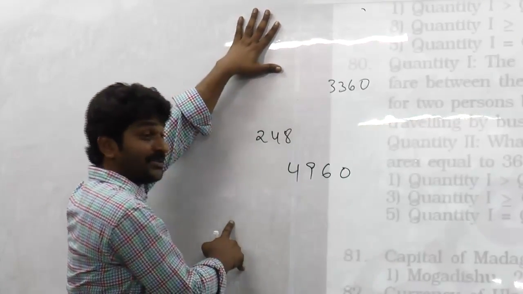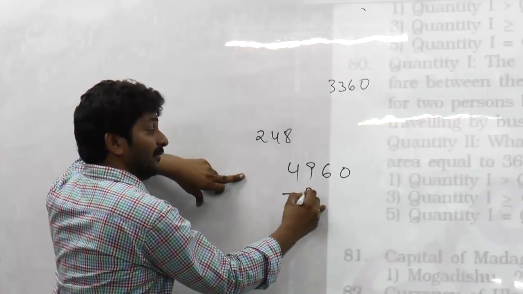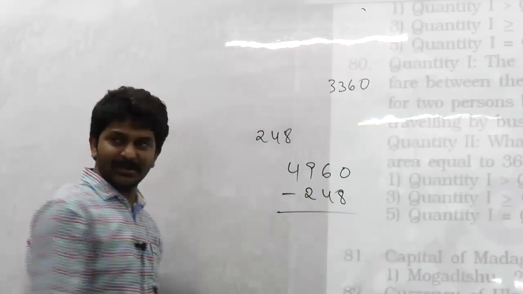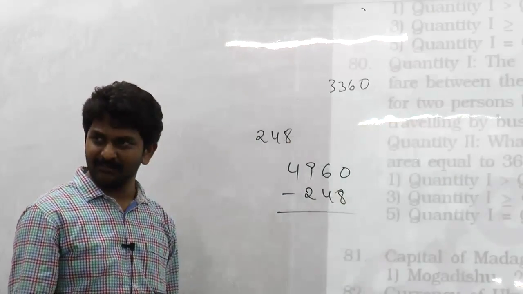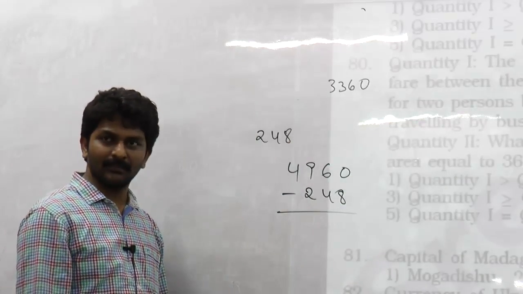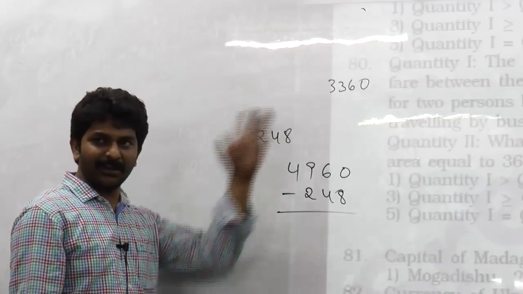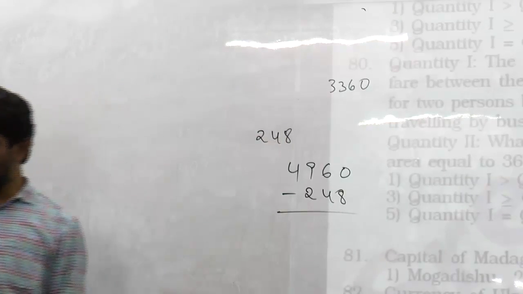This is 20 times, but you need to have 19 times only, so minus 248. This will be definitely more than 3360. Quantity 2 is more than quantity 1.